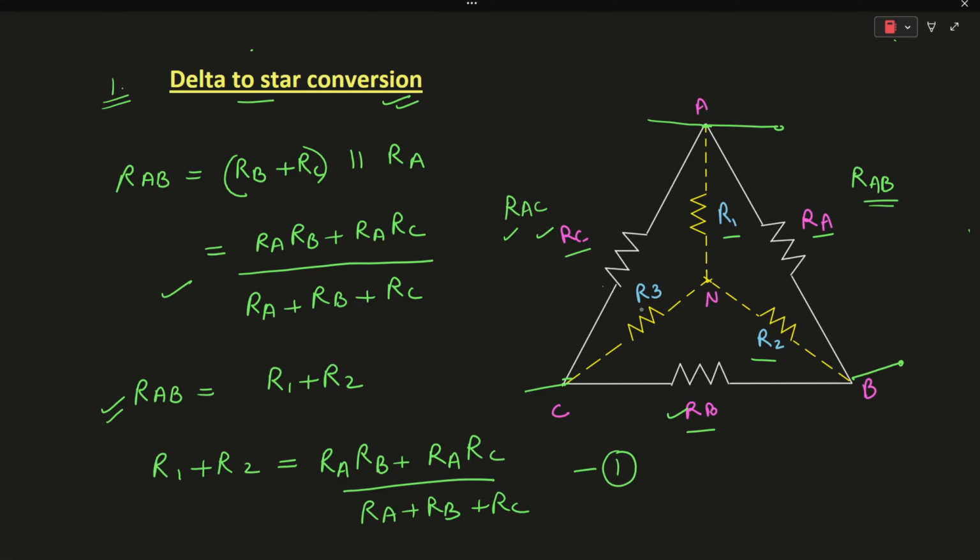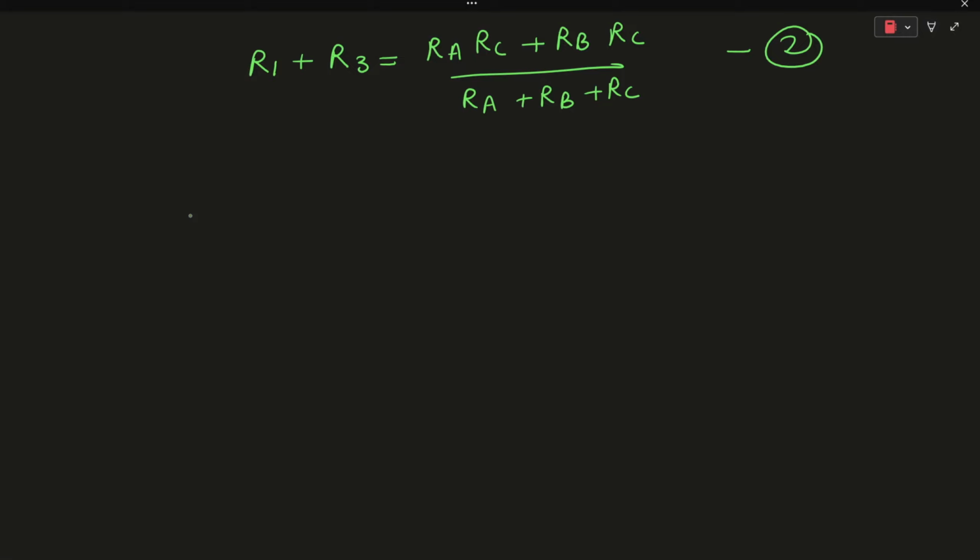This is our second equation. Similarly, RBC will be equal to RBRC plus RARB upon RA plus RB plus RC, equal to R2 plus R3. This is our third equation.